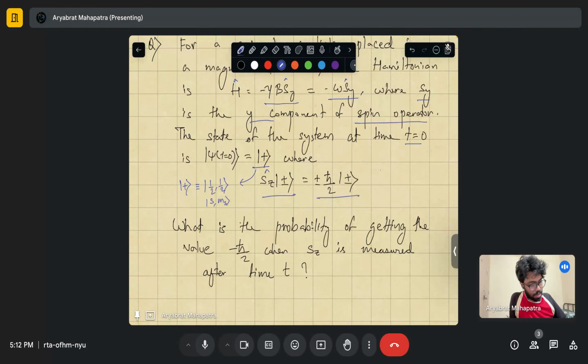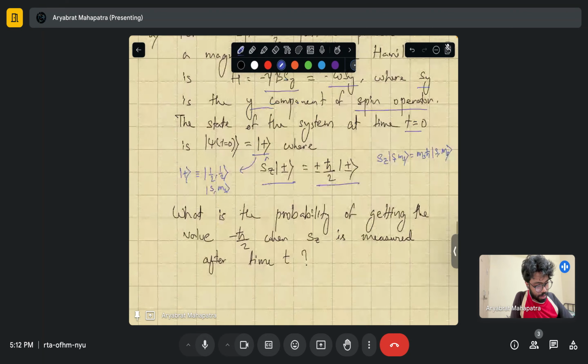That is basically writing S_z |S, m_s> is m_s h bar |S, m_s>. So if you have plus half, you will get plus h bar by 2, and this minus state denotes half, minus half.